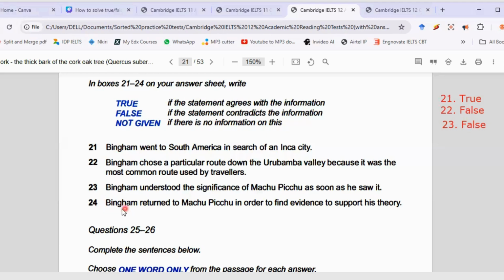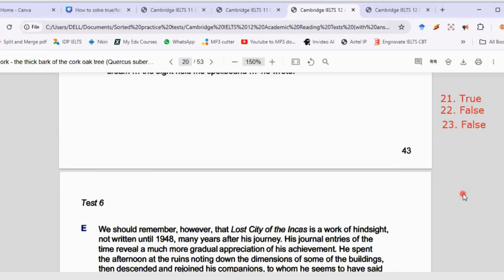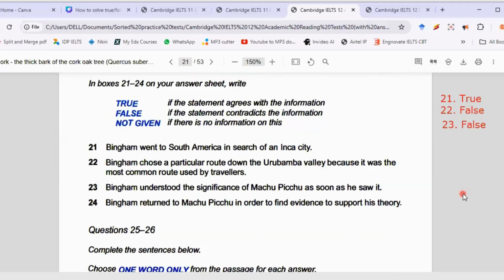Let's check and confirm. Bingham returned to Machu Picchu in order to find evidence to support his theory. So let's go to the passage. Hold on, let me check something. He returned to Machu Picchu.